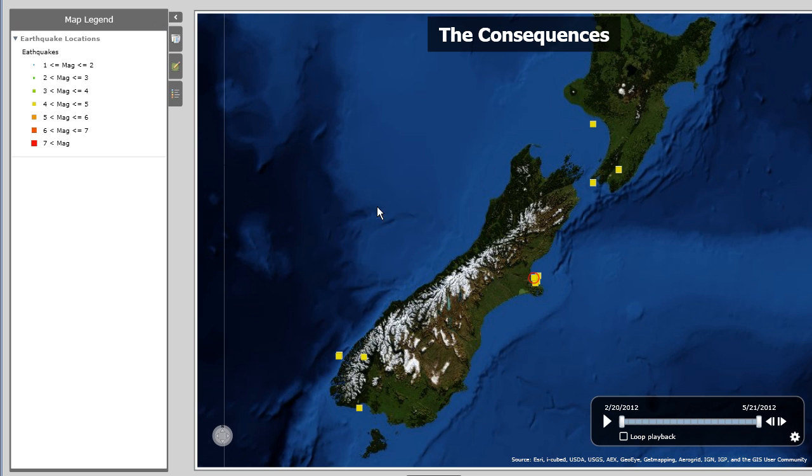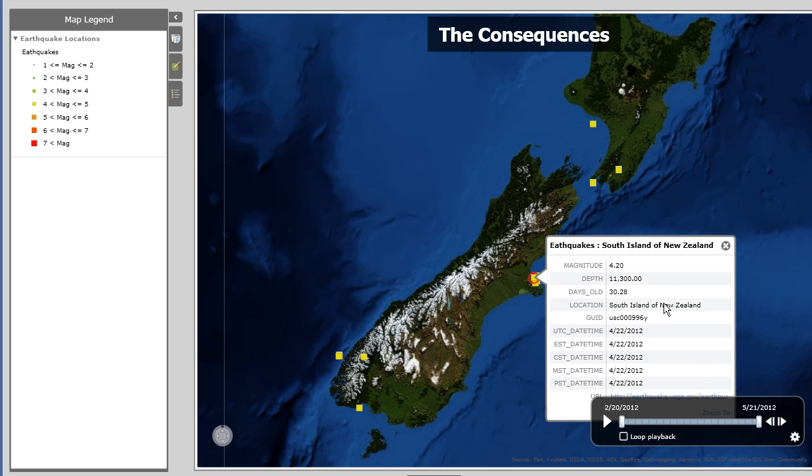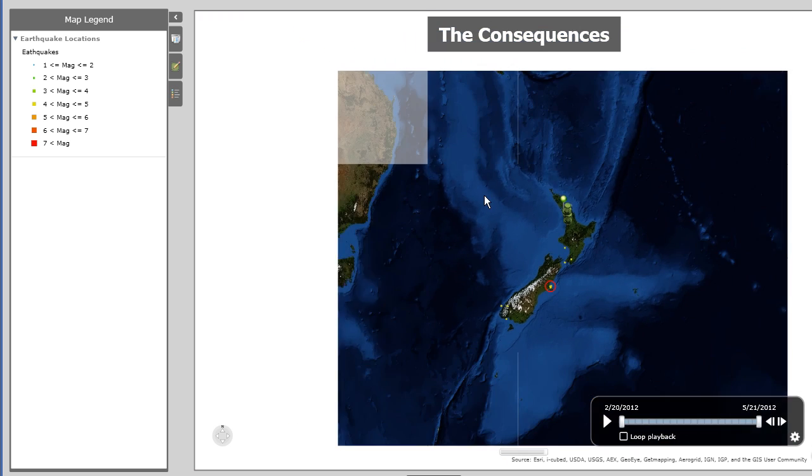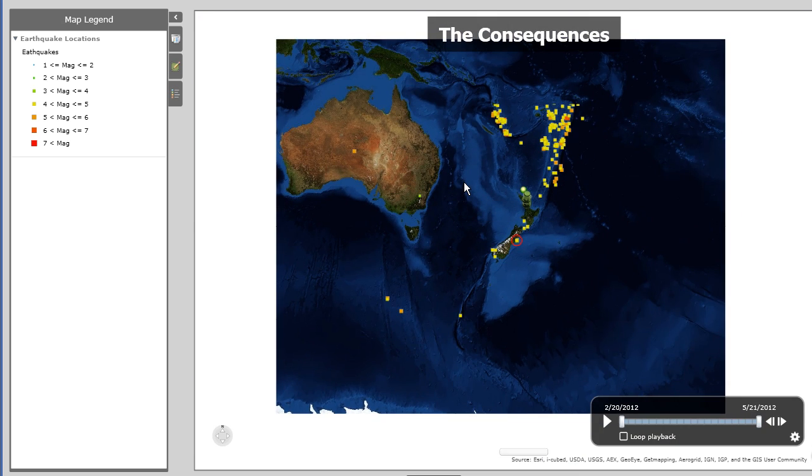Now as you can see, I've pulled up a legend here, and I'm going to click on one of these earthquakes, and I see right now that there was a 4.2, and it's 30 days old from today's date. It happened on April 22, 2012. So I'm pulling in the last 3 months of earthquakes from the USGS Earthquake Service, and I can see the pattern here in New Zealand and of course elsewhere, because I'm tied to live web mapping services.